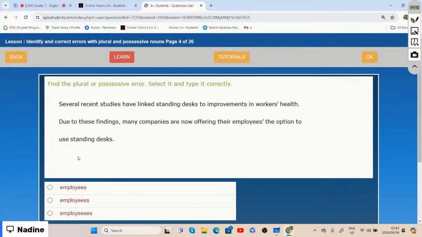All right. It says several recent studies have linked standing desks to improvement in workers' health.